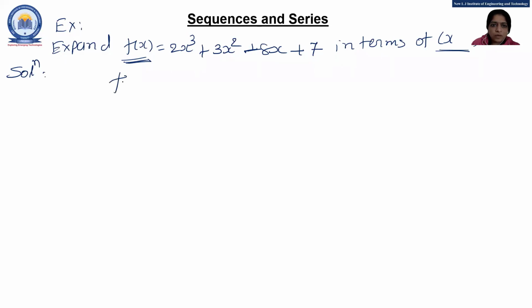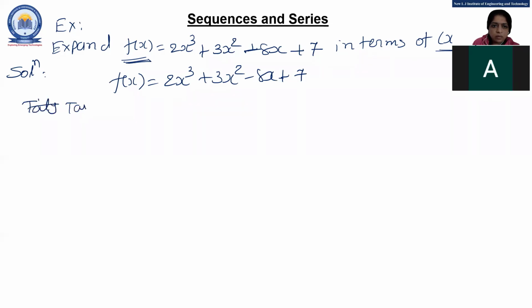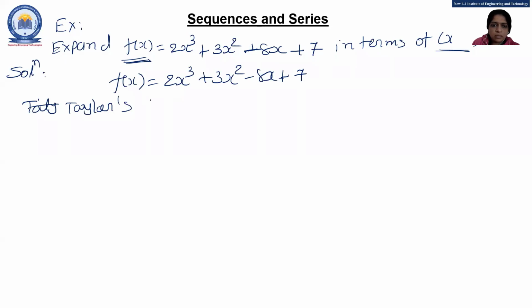Here, f of x, the given function, is 2x cube plus 3x square minus 8x plus 7, right? And the Taylor series expansion about x minus a, that is f of x is equal to f of a plus x minus a into f dash a.